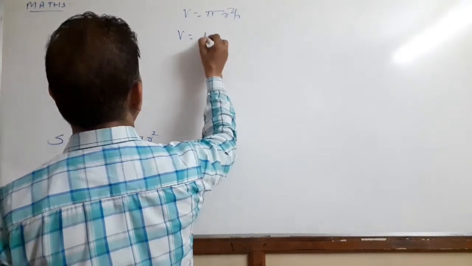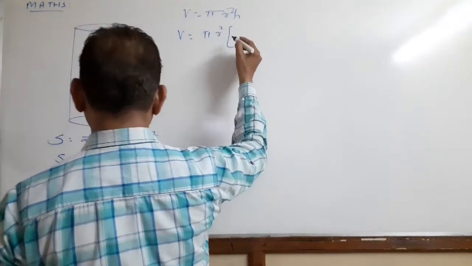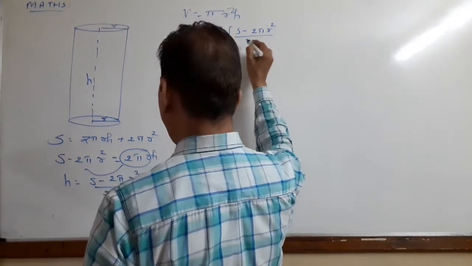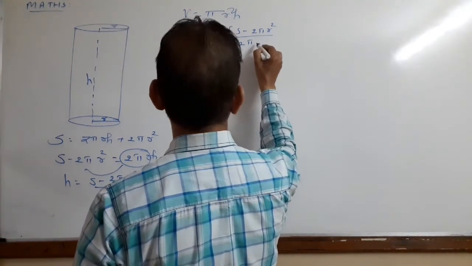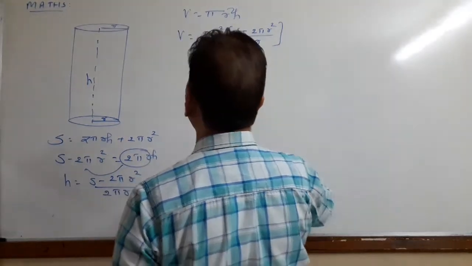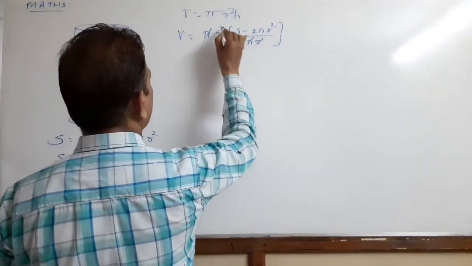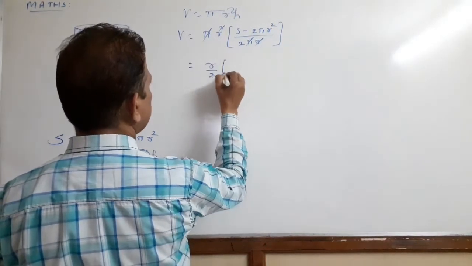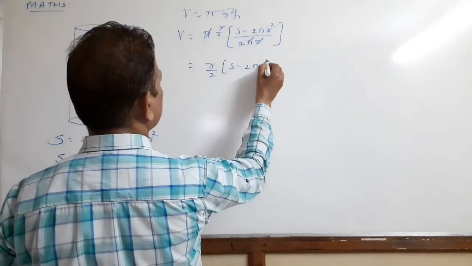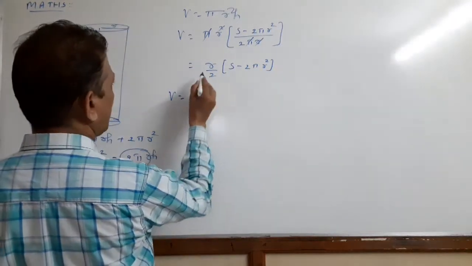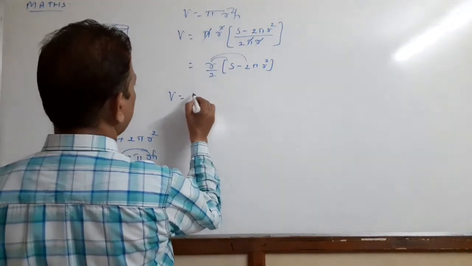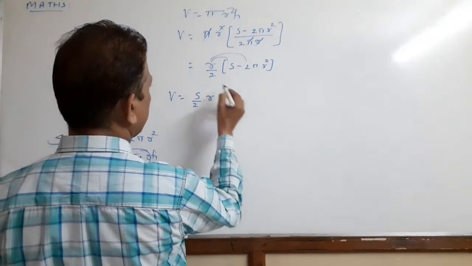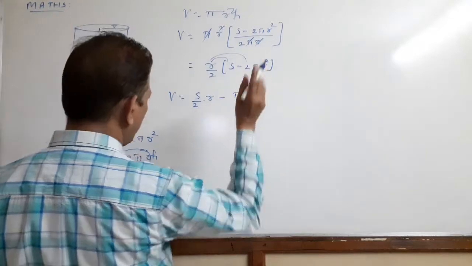Now put this in. Our function has only one variable: pi r square times (S minus 2 pi r square) upon 2 pi r. So pi cancels, r cancels one time, r by 2, leaving S minus 2 pi r square over 2. Now open the bracket: S by 2 into r minus pi r cube.